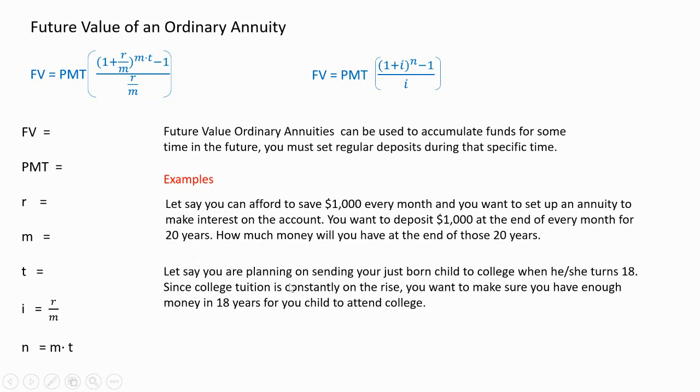And also, let's say you are planning on sending your just born child to college when he or she turns 18. Since college tuition is constantly on the rise, you want to make sure that you have enough money in 18 years for your child to attend college. This is like an actual scenario, guys. For example, if you guys are in school now, right?